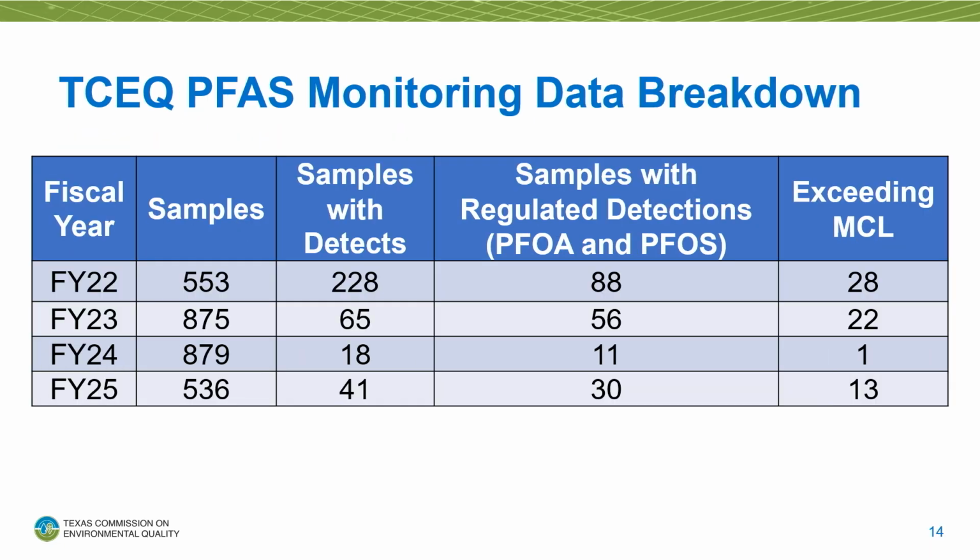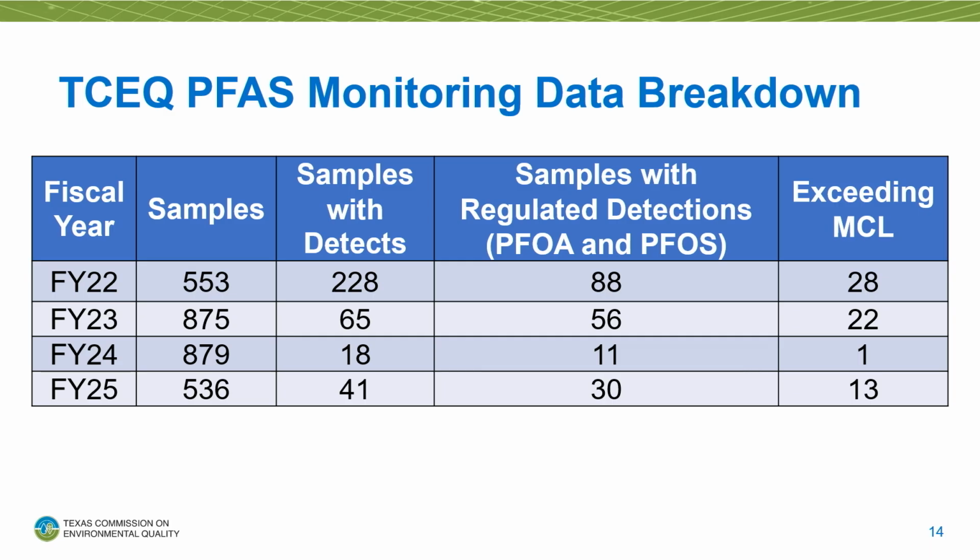So for the sampling that TCEQ did, a breakdown of that. In FY 2022, 553 samples were collected. Of that, 228 had a detect of one of the 29 PFAS. Of that, 88 had a detect of PFOA or PFOS, and then 28 exceeded the MCL.